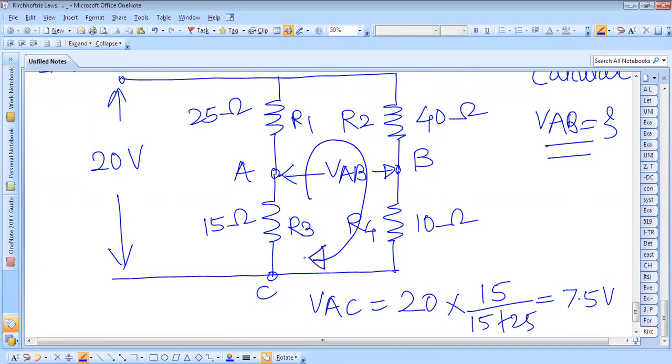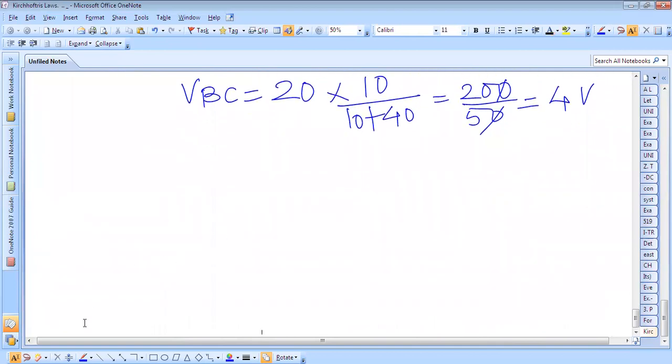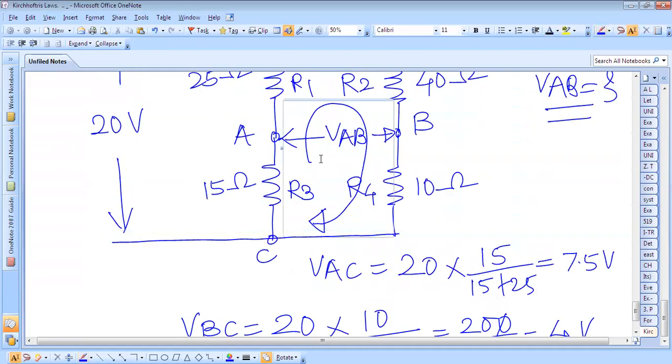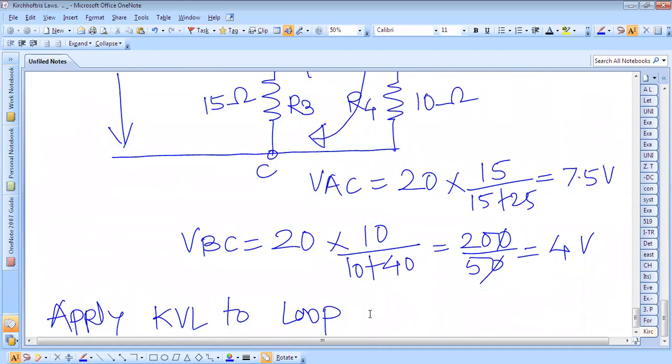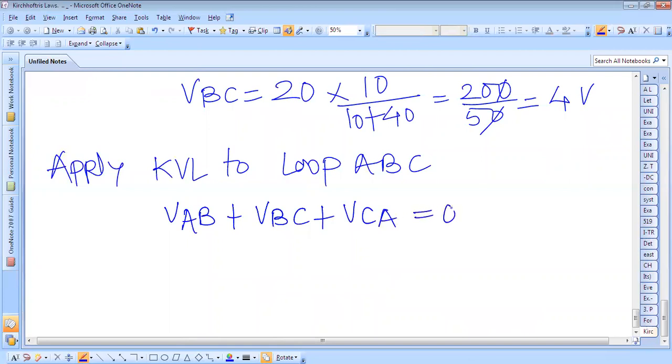So what is it? VAB plus VBC plus VCA is equal to 0.